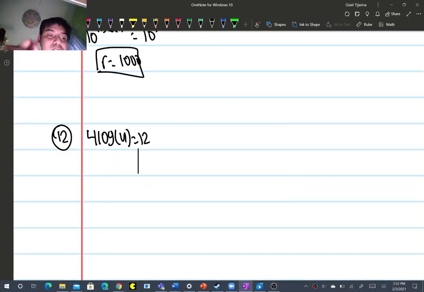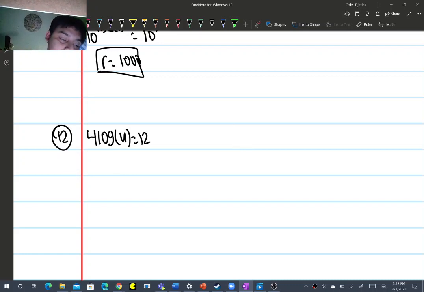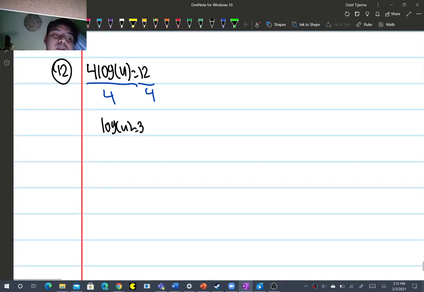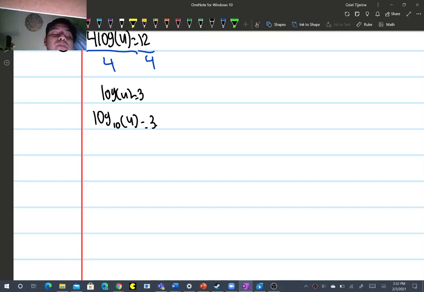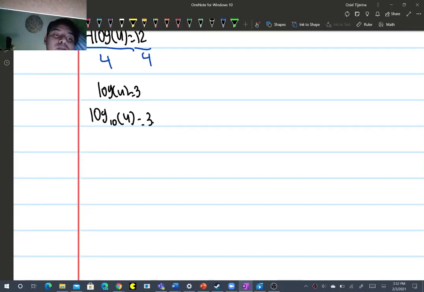Okay, so for this one, we have 4 log of u is 12. So we're going to go ahead and divide by 4 on both sides. So we can say log of u is 3, right? So then remember that log of u is log base 10 of u is equal to 3.